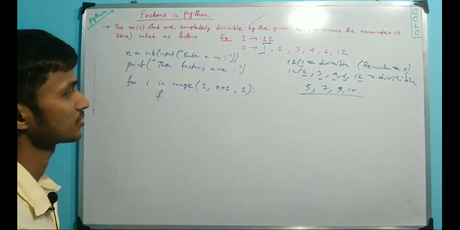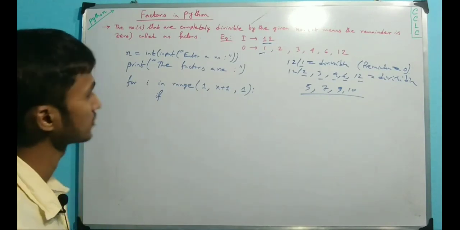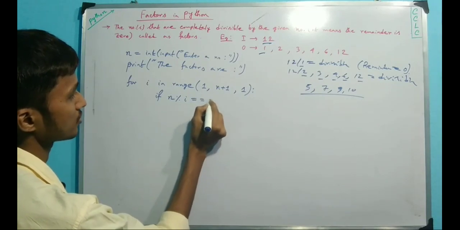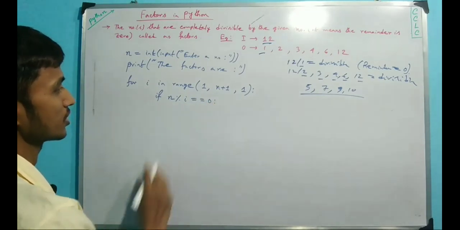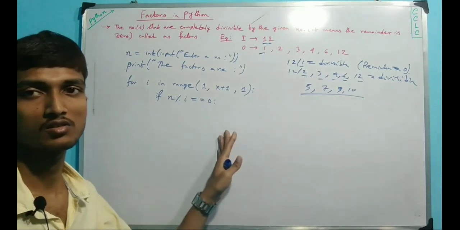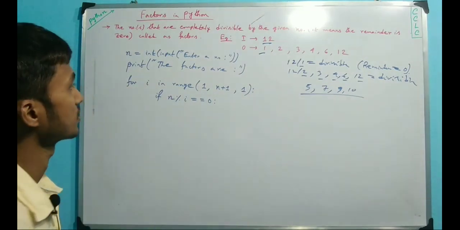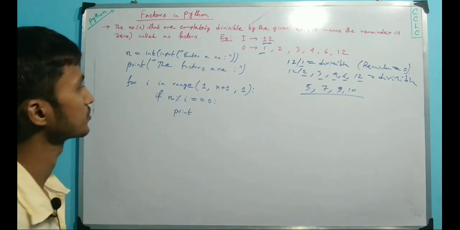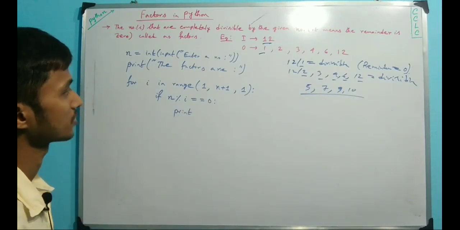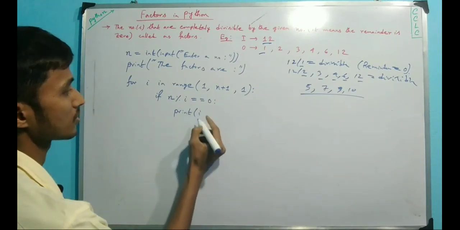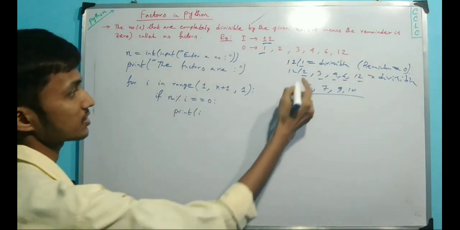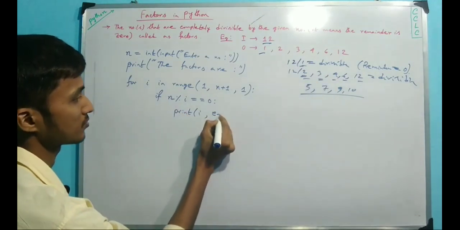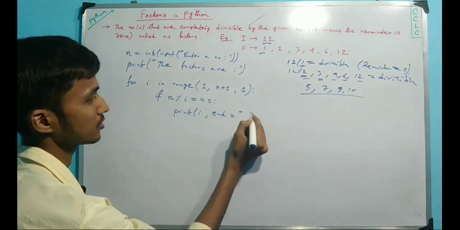If n mod i equals 0, then print i. The factors are 1 2 3, print i comma, end equals double quote, one gap.